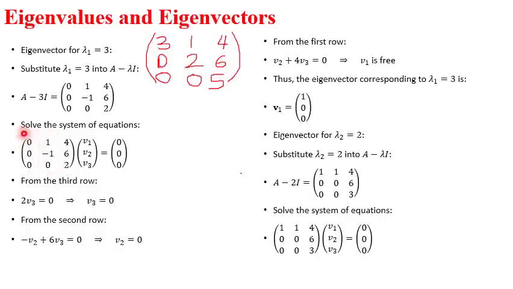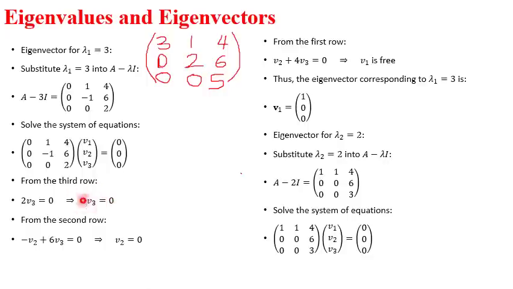So for this third row, we have it that this is 0, this is 0, and of course the coefficients of v1 and v2 are 0. So we can say that 2 multiplied by v3 equals 0. This shows vividly that v3 equals 0.